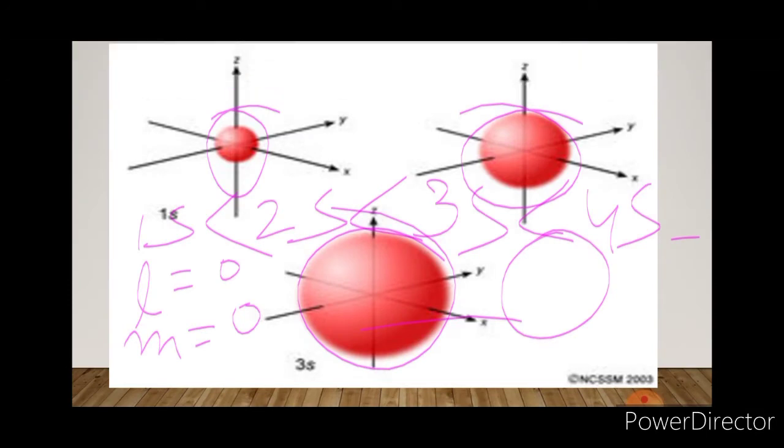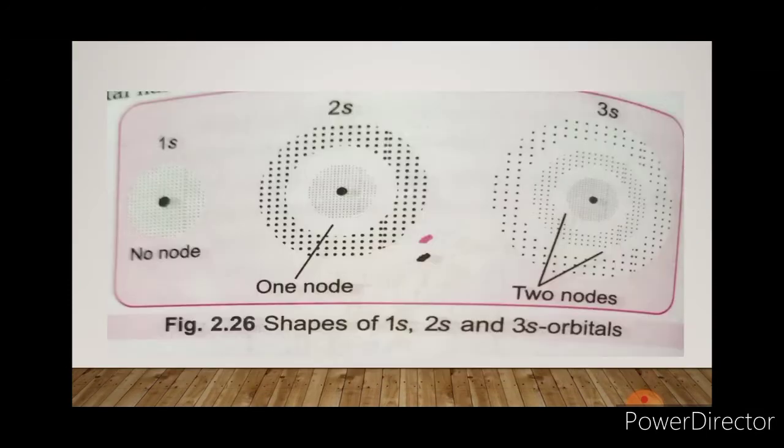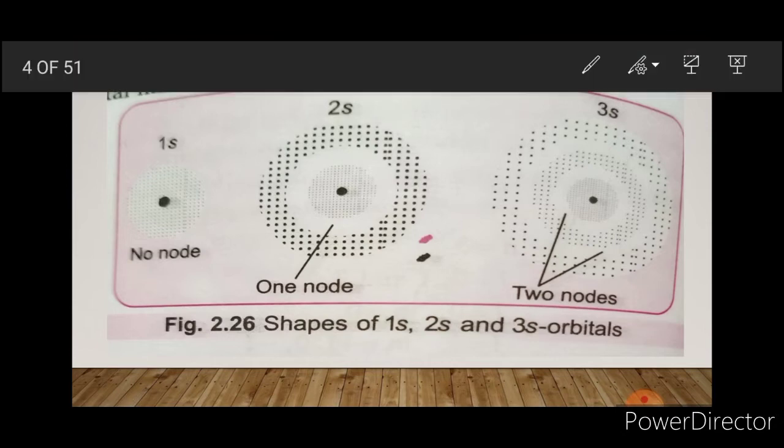If we look at the curves for the s orbitals, try to understand it. Concentrate on this diagram. The probability of electron in 1s orbital is found to be maximum near the nucleus, and it decreases as the distance from the nucleus increases.